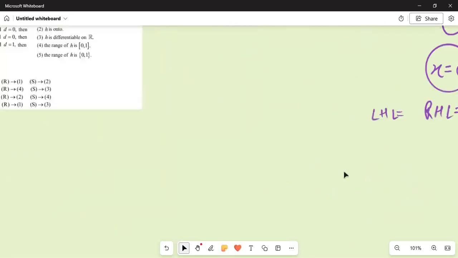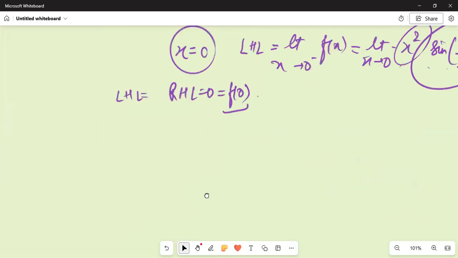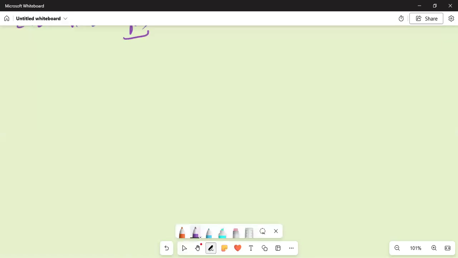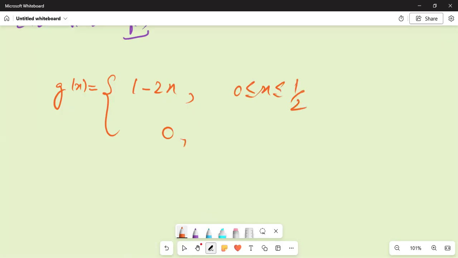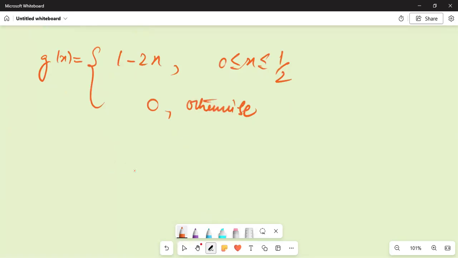Okay. So now see this function. It is a very good practice if you try to solve these questions using graphs, because just solving them without graphs will be very difficult.